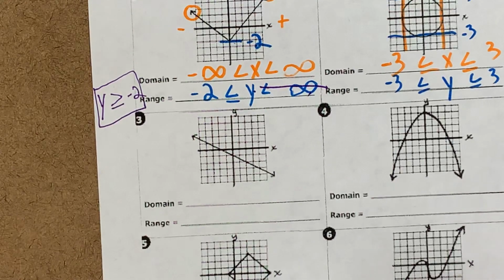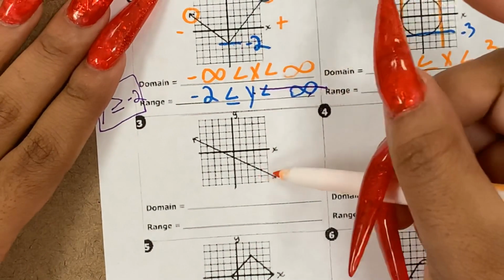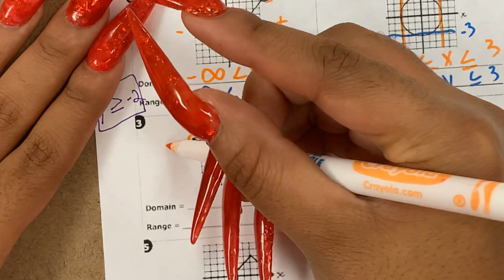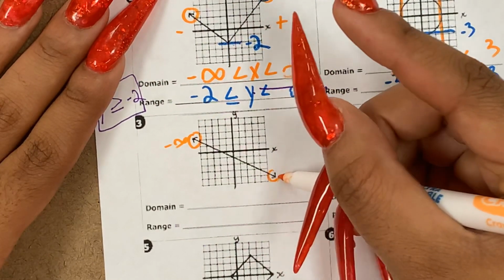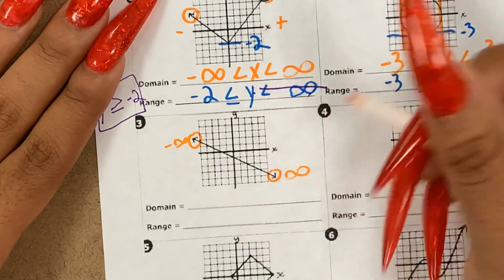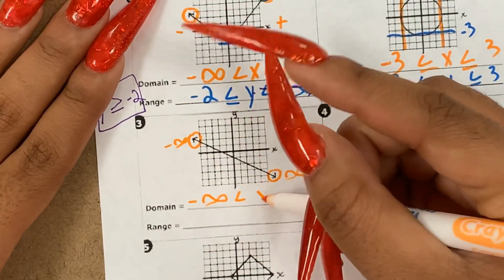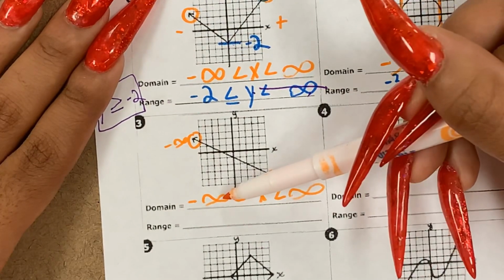Okay, number 3, range. Scan left. To the left, I have an arrow. That means negative infinity. To the right, I have another arrow. That means positive infinity. So our lowest x value is negative infinity.